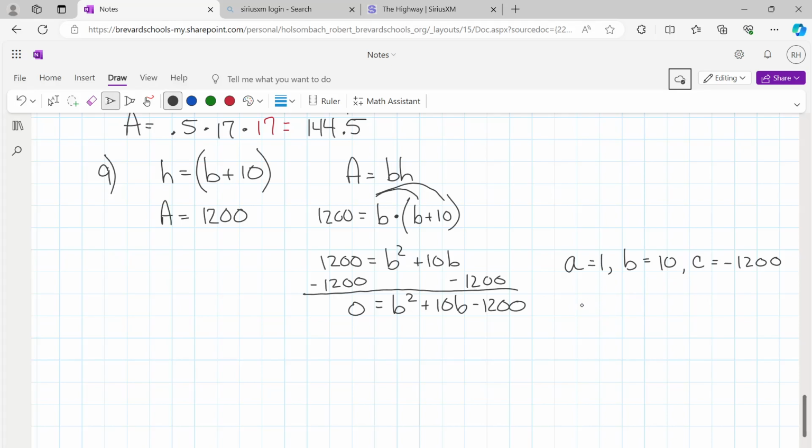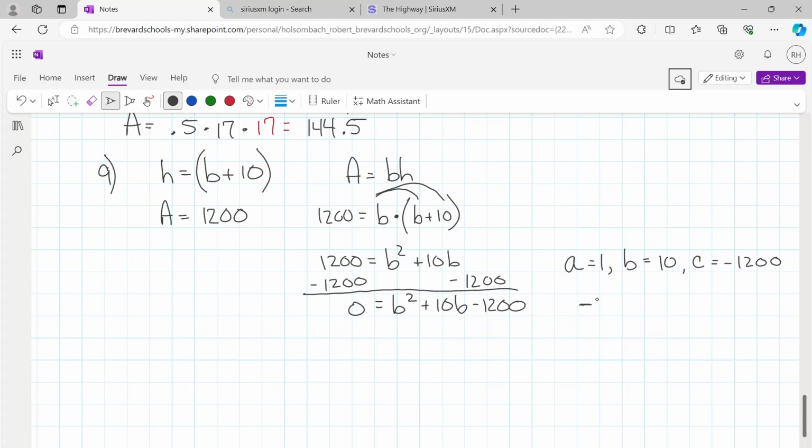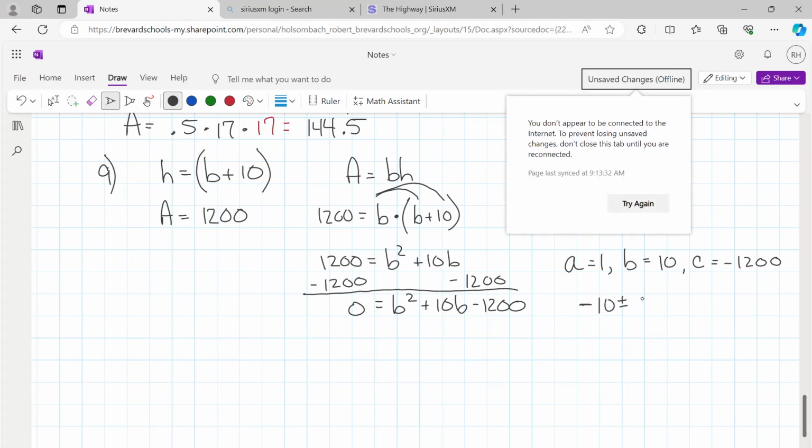So the quadratic formula says that, in this case, our letter b, variable b, is equal to the opposite of whatever our b value is, so the opposite of 10, plus or minus the square root of b squared minus 4 times our a times our c, all divided by 2a, and 2 times 1 is 2.